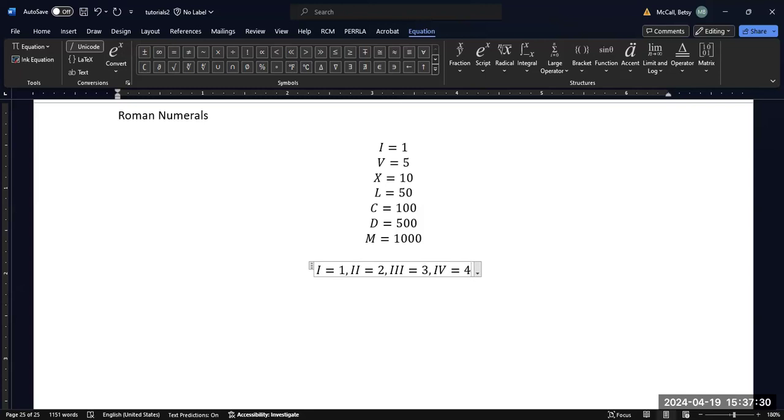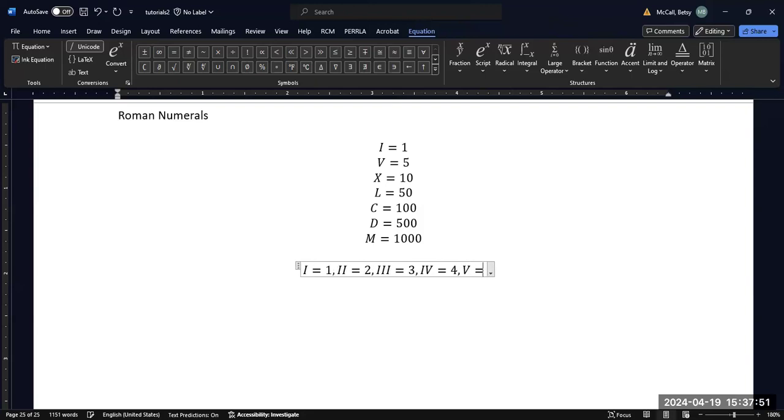Now, the way the system works is that if you do a smaller number after a larger number, then it's an addition. But if you do a smaller number before a larger number, it's subtraction. But you can't just do this willy-nilly. You can't take like 1 away from 100. You have to do the next level down.